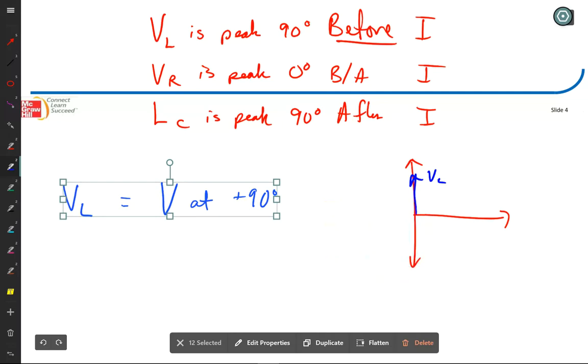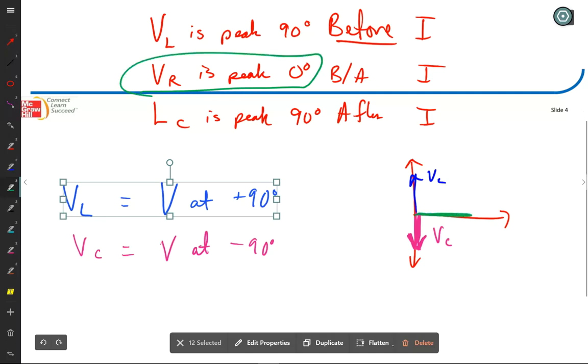We're going to plot inductive voltages at plus 90 degrees. And then we're going to do capacitive voltages. Voltage for a capacitor is equal to voltage at minus 90 degrees, so capacitive voltages are going to go like that. And resistive voltages, since they're at 0 degrees, go like this. So we're going to plot our voltages with a direction and then add them like vectors.